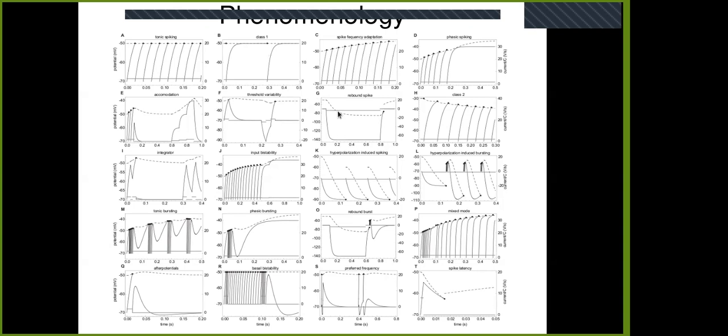You get a rebound spike. People used to call it anode break. So what you do here is you inject nothing. Here the voltage is 0, and then you inject a negative current for quite a long time.